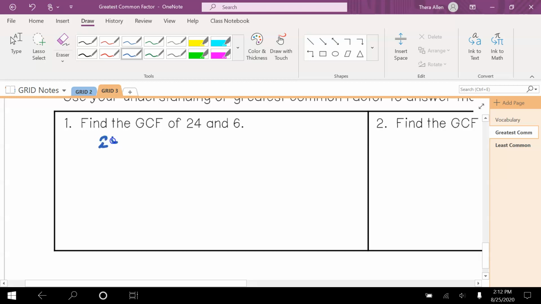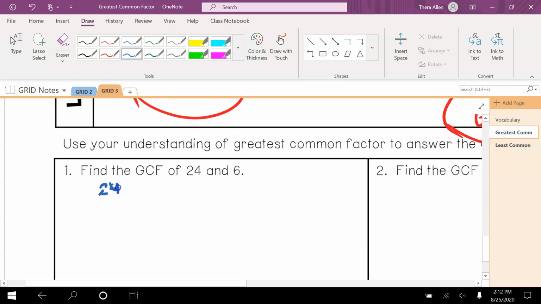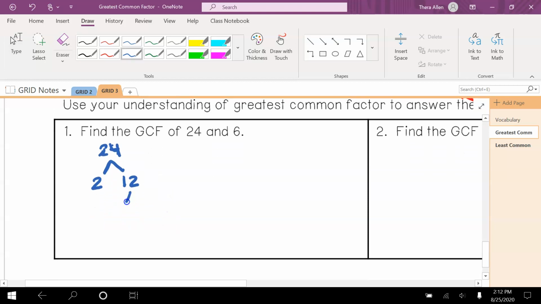So we have 24. Move that down. 24. So let's factor that out. What can go into 24? Well, 2 times 12. 2 is prime, so then I'll say 2 times 6. And then I'll say 2 times 3. And that's as far as I can factor it down. Now I have 6.